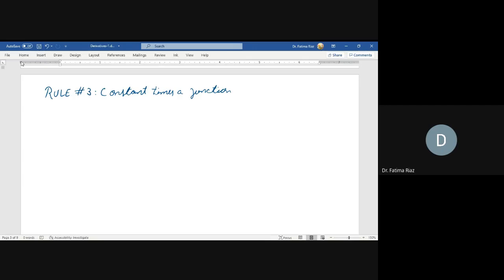Okay, so if f of x is c times g of x, this function is any function, x square, x cube, x power 3 by 2, 1 over x, whatever it is. This function can be any function, and this c is a constant.